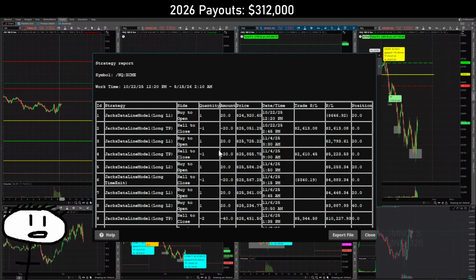I think there's something called an MAE, MFE simulation, where it goes through all your orders and then it spits out the stats for your stop loss.